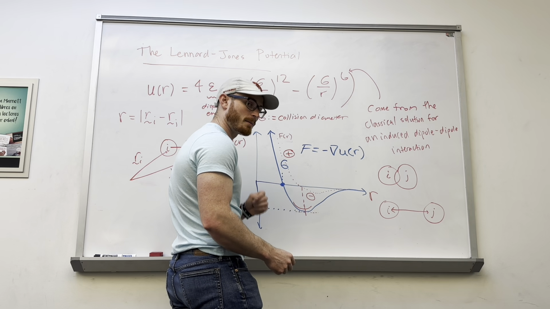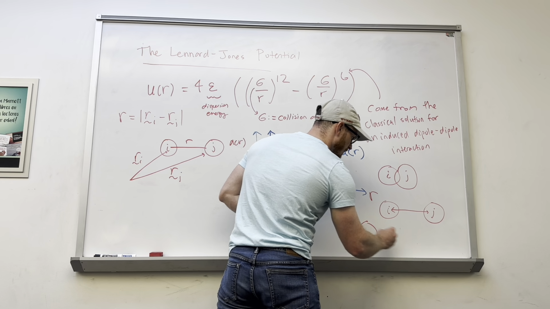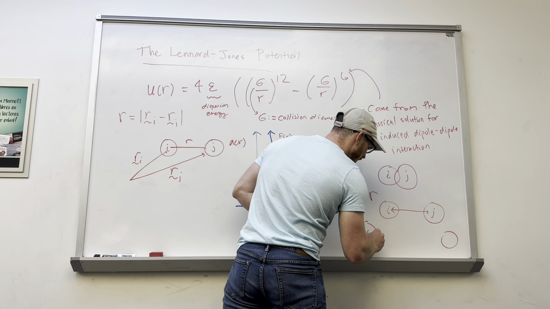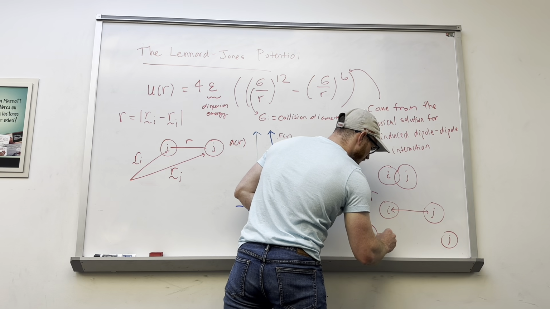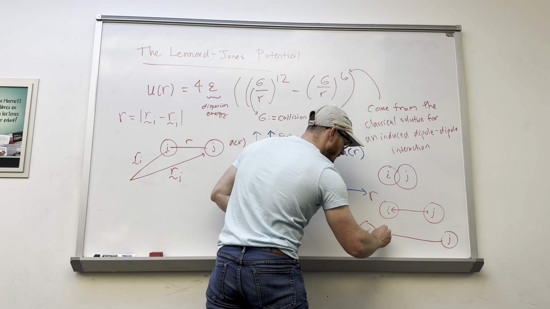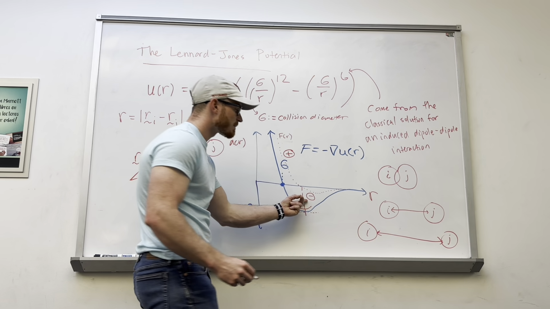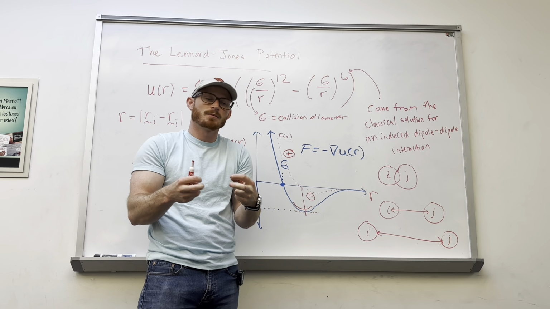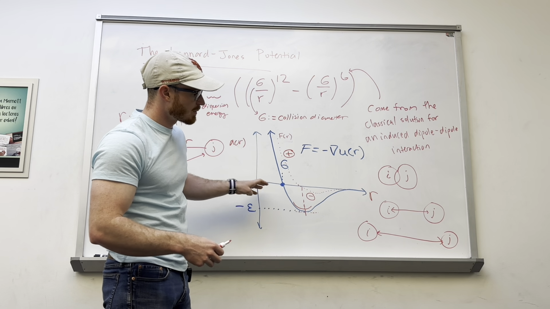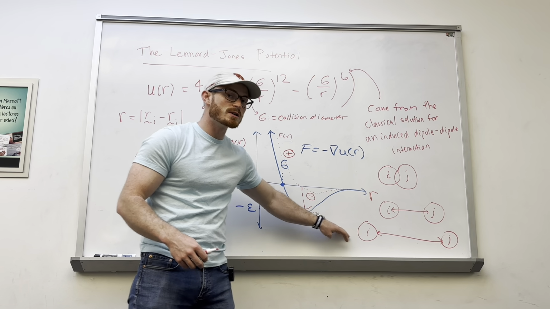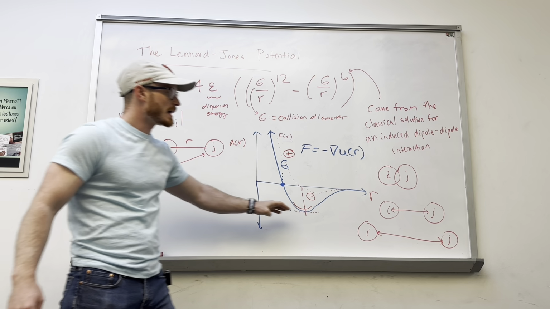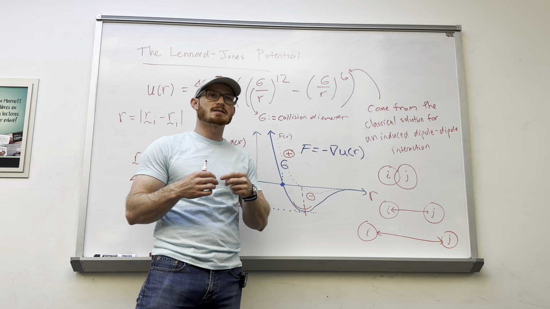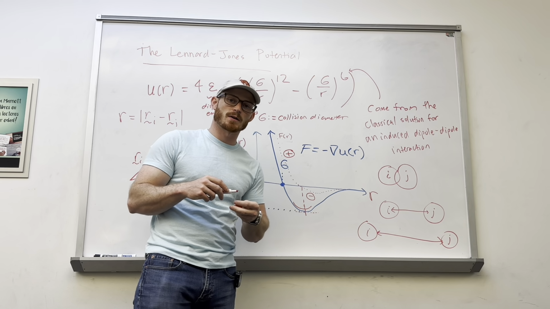But if we keep going past this point, now they're going to experience a negative force. A negative force within our reference frame means that the atoms want to actually come together. And what you can see is in the limiting behavior, as these get really infinitely far apart from each other, it's going to tail to zero because it's as if the particles don't even know that they're there.